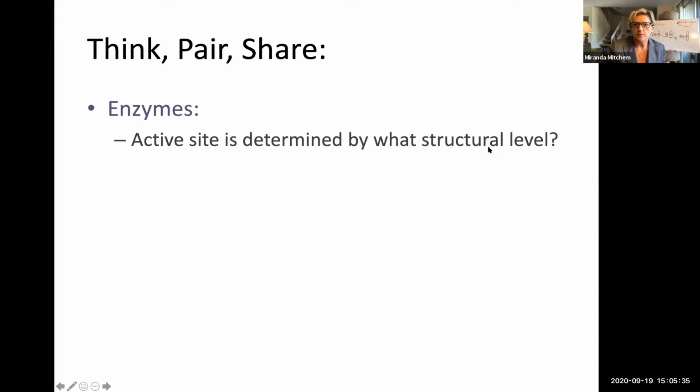So it's determined by what structural level. What level of folding has to happen to that enzyme, which is a protein, so that it has the correct structure so that it functions as an enzyme. I'm not going to tell you the answers. I'm just wording it for you a little bit differently.